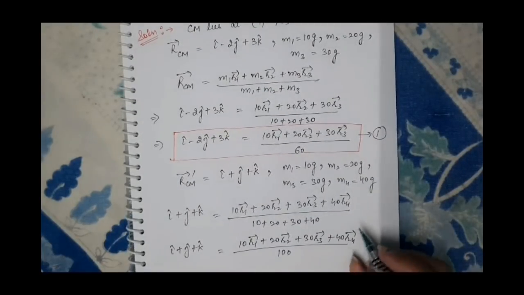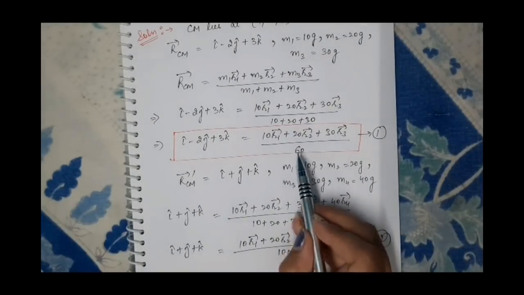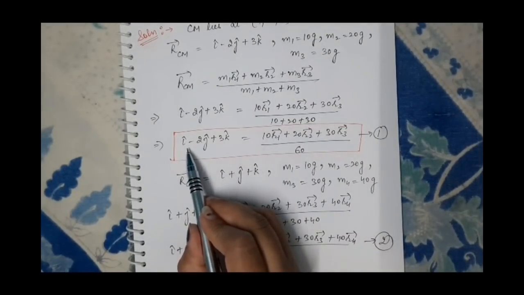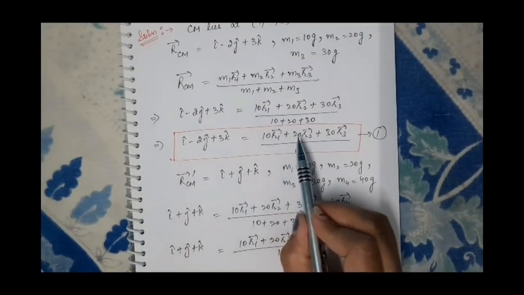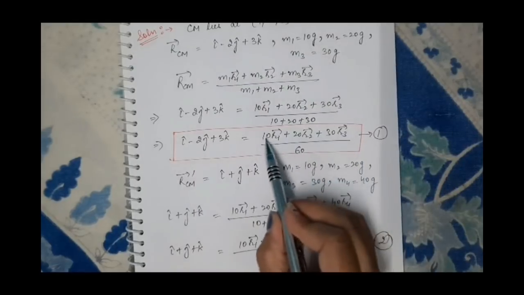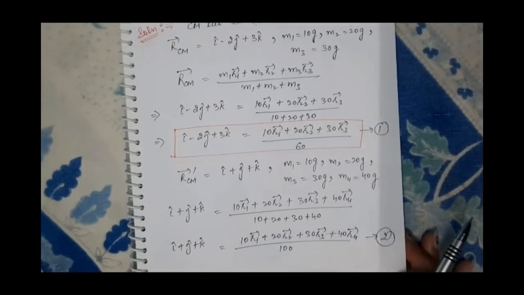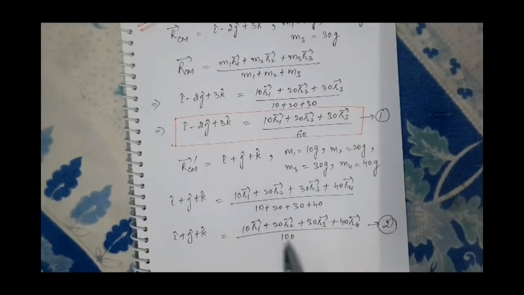Now this is our equation number 2. Move this 100 to this side, and then we have the value of 10 r1 plus 20 r2 plus 30 r3, and put that value from equation 1 into equation 2 here. So what will it become?